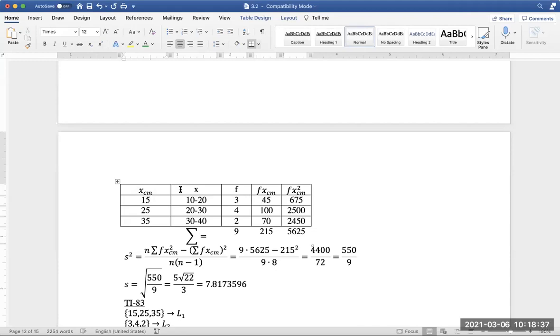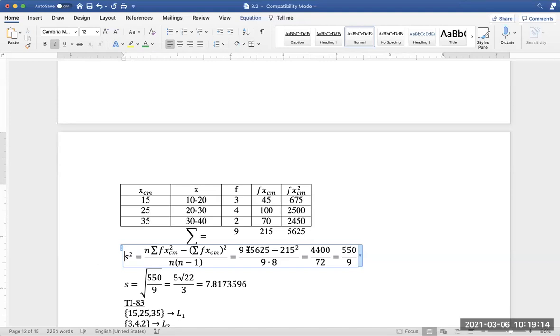Then multiply the first and fourth columns to get the fifth column: 15 times 45 is 675. 25 times 4 is 100. 25 times 100 is 2500. 35 times 2 is 70. 35 times 70 is 2450. And let's add: 9, 215, 5,625.